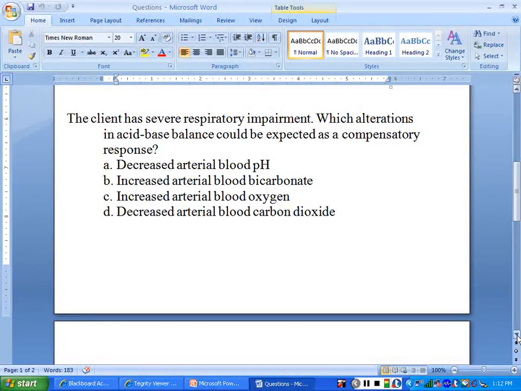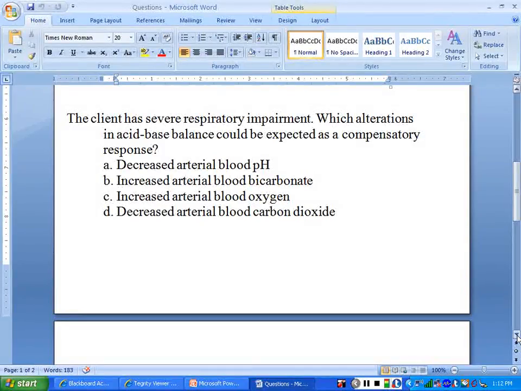So we're only working with two systems, right? The lungs and the kidneys. We're talking about compensation in this problem. If we already have a problem with the lungs, what's left to compensate? The kidneys. So the answer for this one is going to be B, increased arterial blood bicarbonate.